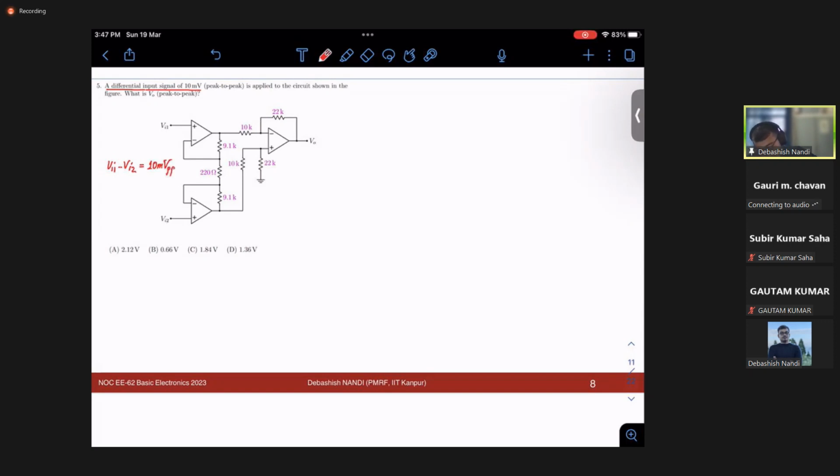If we see the circuit very carefully, we can see a difference amplifier sitting here. Can you see it? The ratio of the resistances are the same. So now let me just draw this circuit again.